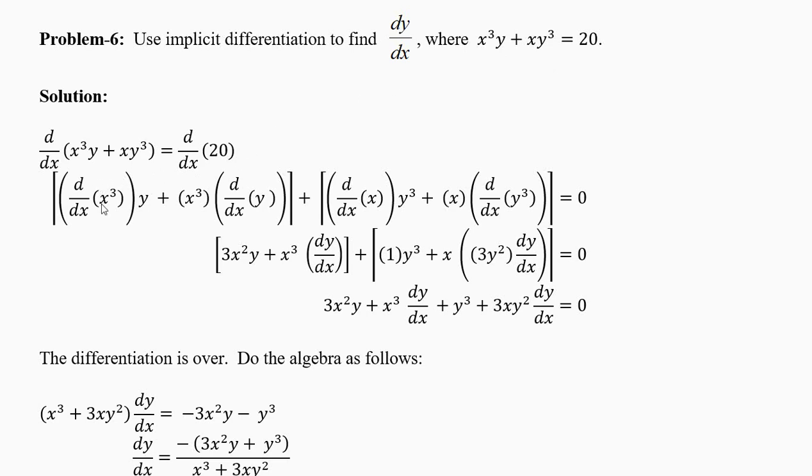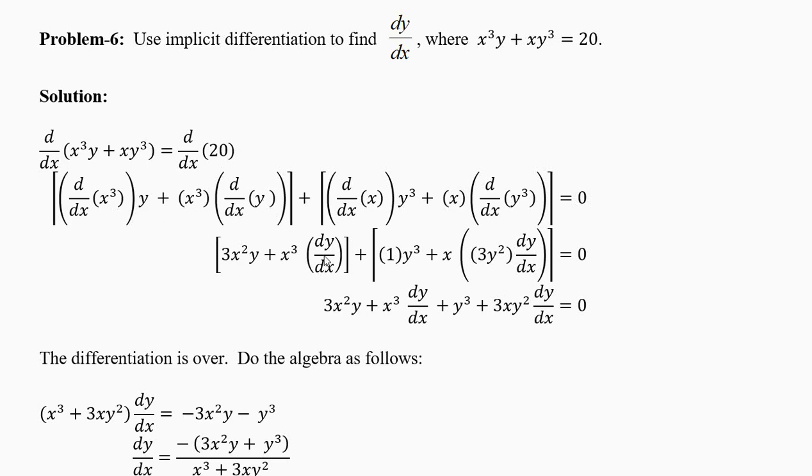So you do derivative of the first function into second function plus first function into derivative of the second function. So we have one square bracket for this term, one square bracket for derivative of this term, and derivative of 20 is 0. There's no need to write this 0 in any type of bracket. Now you are left with derivative of x cube is 3x squared. 3x squared into y is 3x square y.